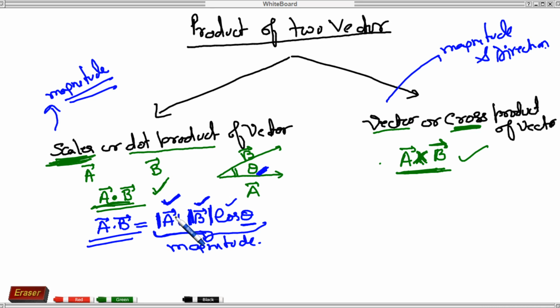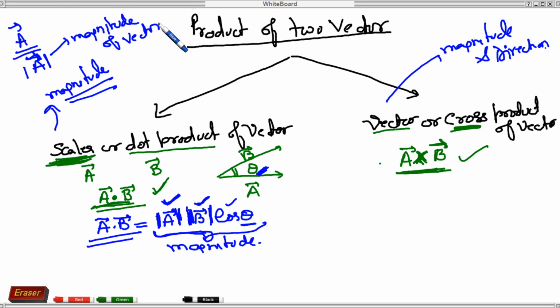What is this? Modulus of A, modulus of B, cos theta. What is modulus? This is vector A, so modulus of A is the magnitude part. Modulus of A means magnitude of vector A.